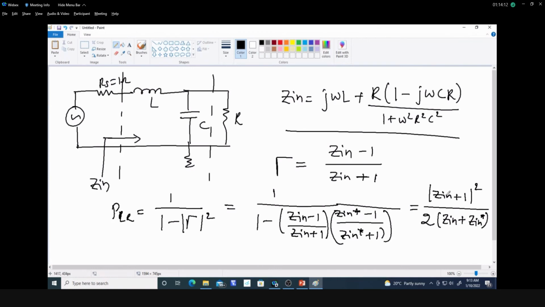Now if I put this expression for Zin in terms of omega, R and C, it is a little bit time consuming to substitute these values and derive the expression, but I'll give directly what this expression will give for the power loss ratio.